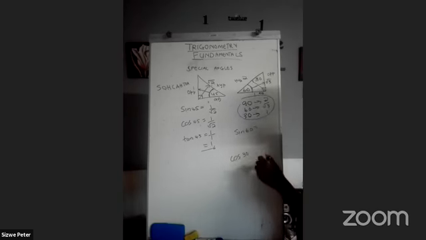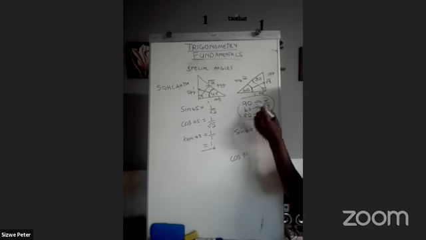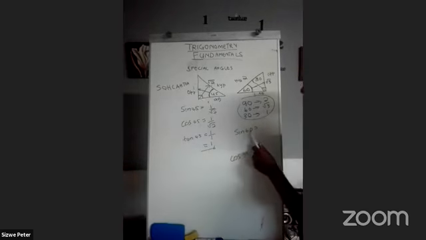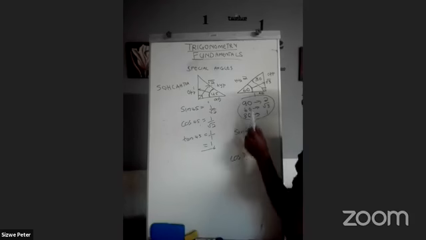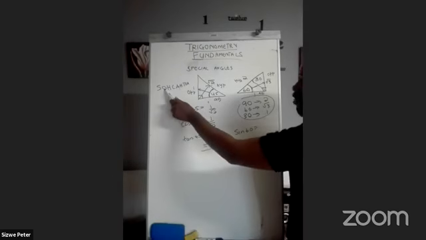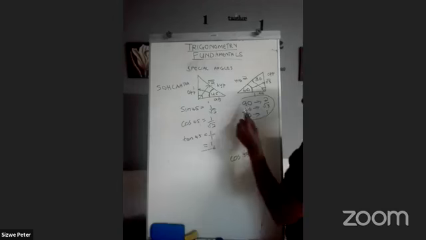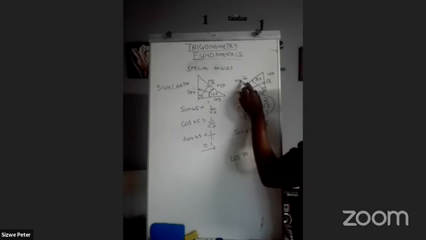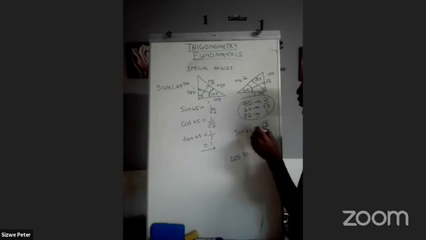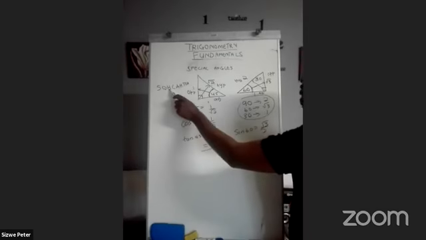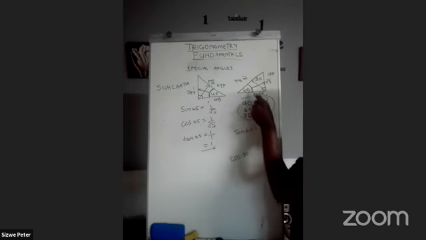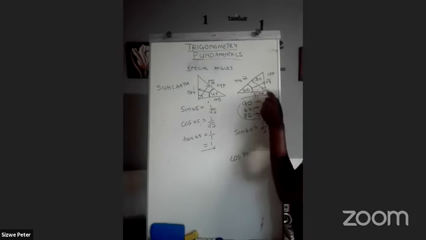Let's start with sine 60. Sine 60 is supposed to be opposite over hypotenuse. Then what is opposite? It's square root 3. What is hypotenuse? It's 2. Because we know sine is opposite over hypotenuse. Before you do anything, first identify which one is opposite, which one is hypotenuse, which one is adjacent.